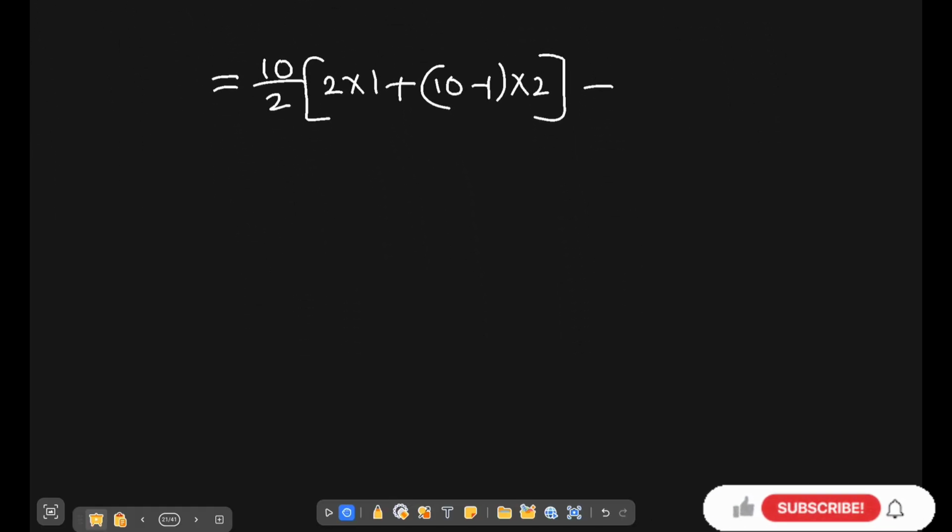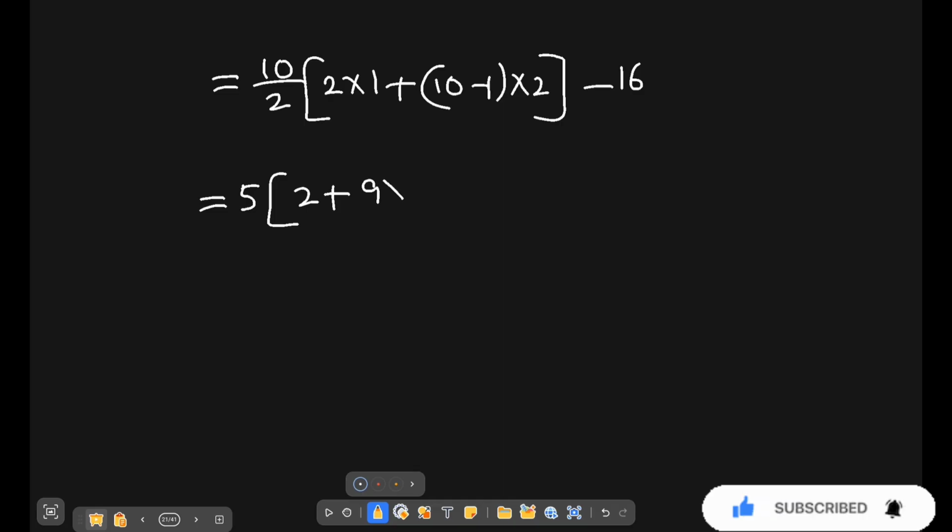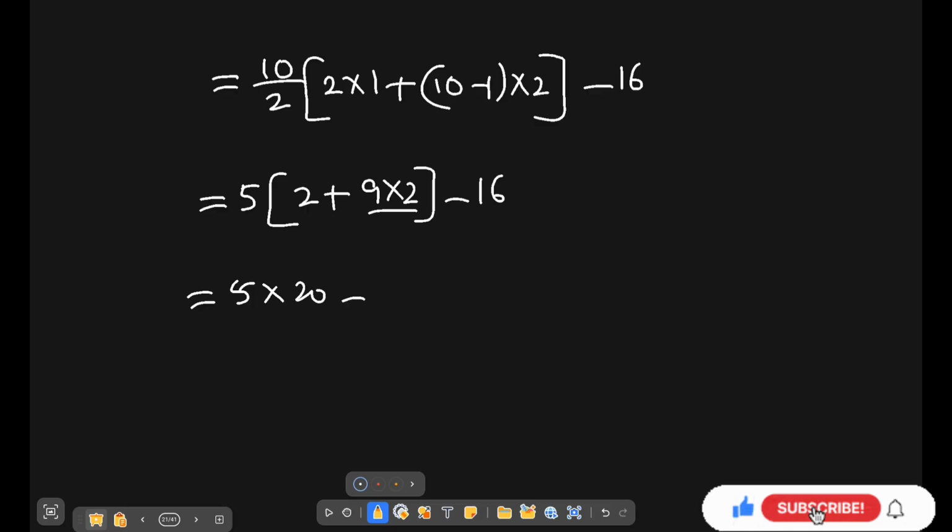So we can directly substitute 16 here. 10 by 2, so 5 of 2 plus 9 into 2, minus 16. Now this will be equal to 5 into 2 plus 18, so now it is 20. So 100 minus 16 is equal to 84. So these are the number of triangles from the fifth row to the 10th row.